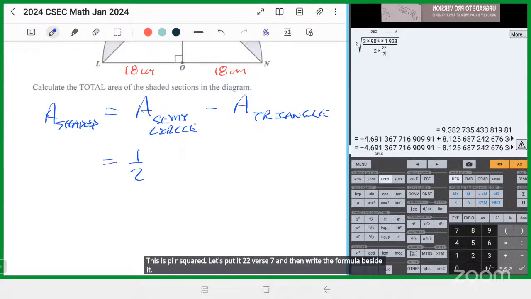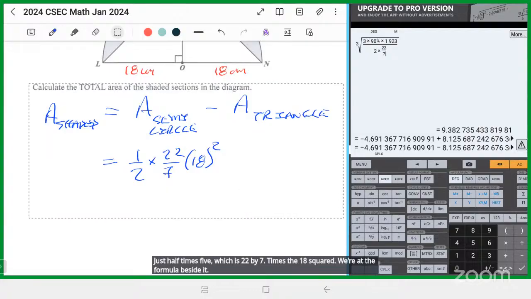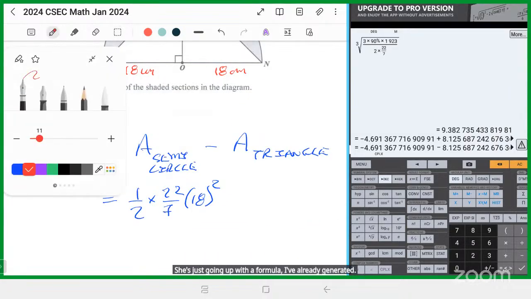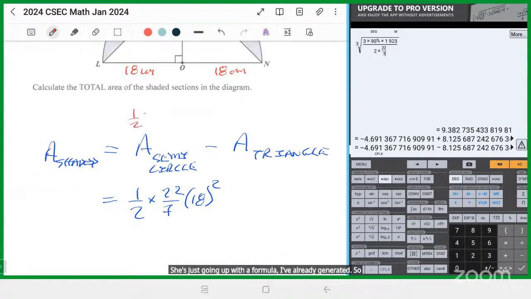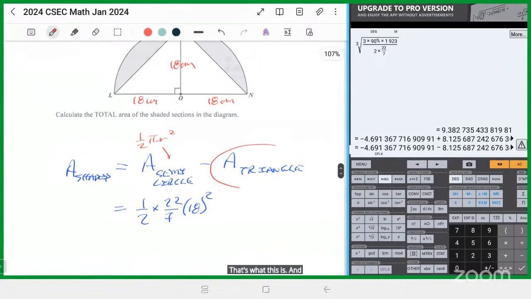So it's half times pi, which is 22/7, times 18 squared. Shift this down and put the formula above it in red. So this is half pi r squared. And then the area of the triangle is half base times height.